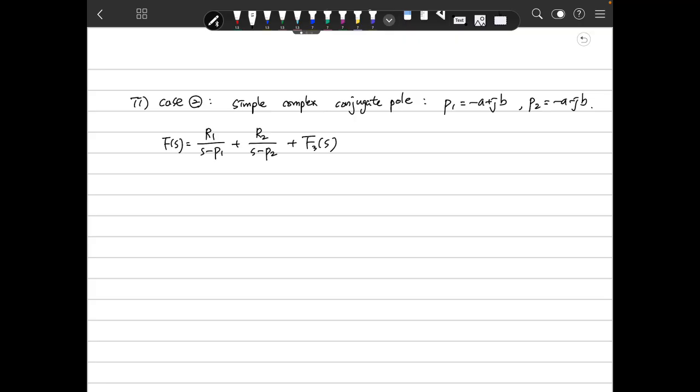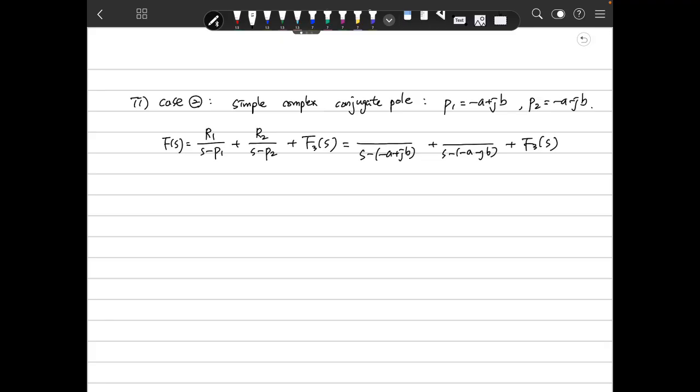Then if P1 and P2 are complex conjugates, we can rewrite here: S minus minus A plus JB, something, plus S minus minus A minus JB, something, plus F3S.